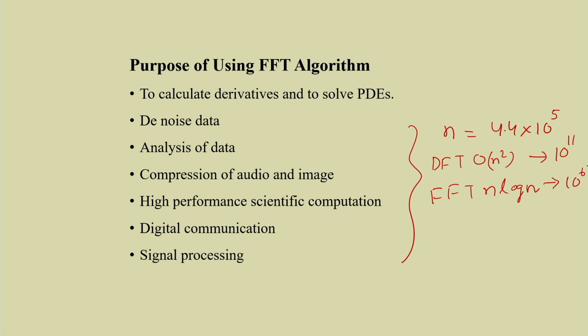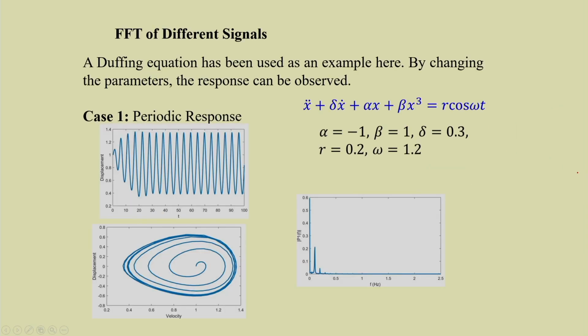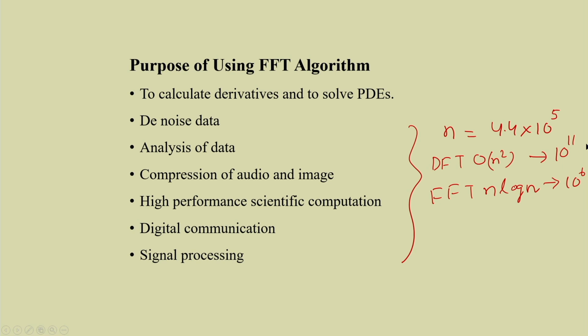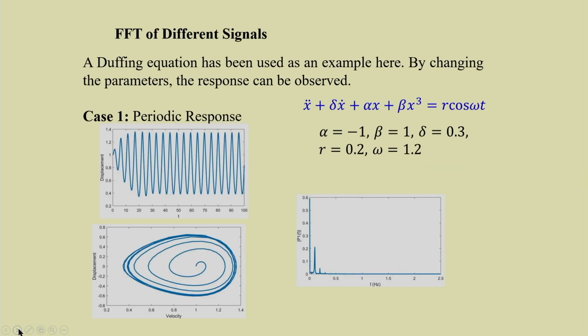So you have reduced the size extensively here, from 10 to the power 11 to 10 to the power 6. So, 10 to the power 5 order data reduction you have achieved by using this FFT algorithm instead of this original DFT algorithm. Okay.